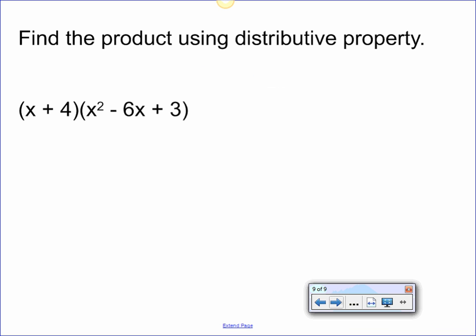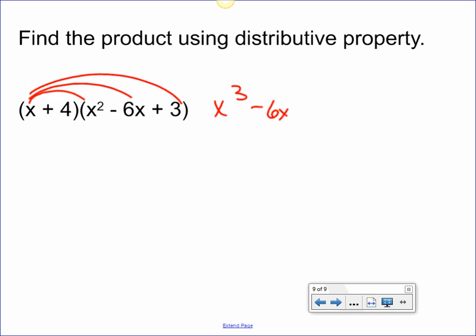And then the last way would be using the distributive property on this. Same idea as before, we're going to distribute the x all the way through everything, and you would get an x to the third minus 6x squared plus 3x. Okay, and then I'm going to come back and distribute the 4, and stack them underneath to organize my results.